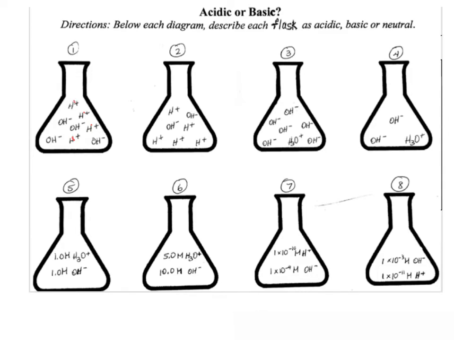So that's one acid, 2, 3, 4. And as far as bases go, I see an OH minus, an OH minus, an OH minus, an OH minus. I have 4 of each. That means that I should be neutral, because I have approximately an equal concentration of hydroxide and H plus ions.